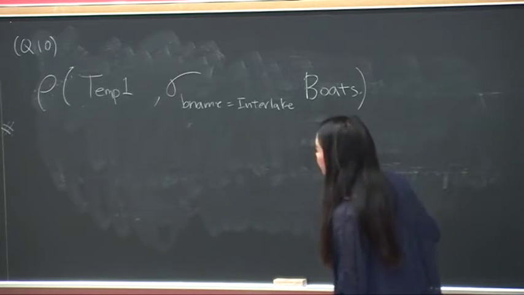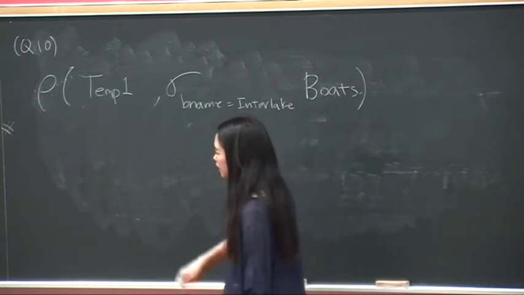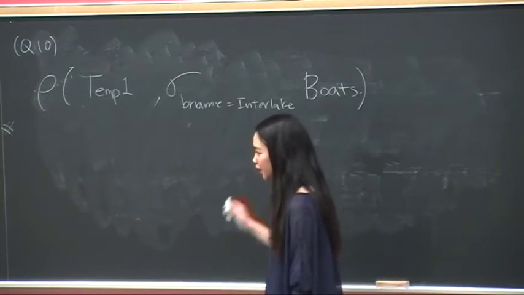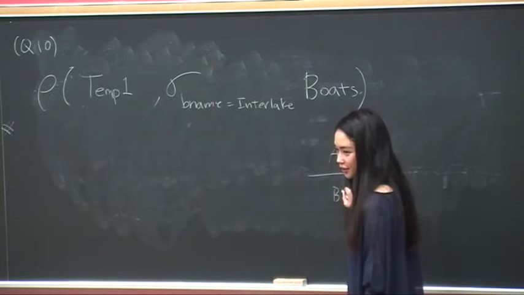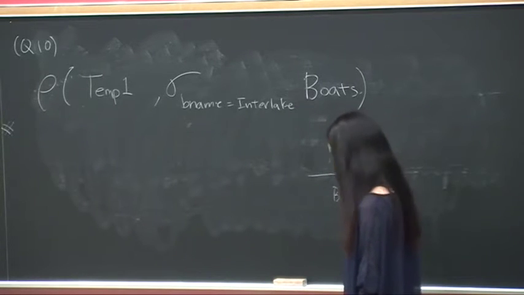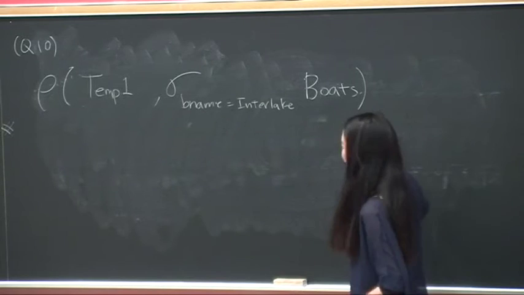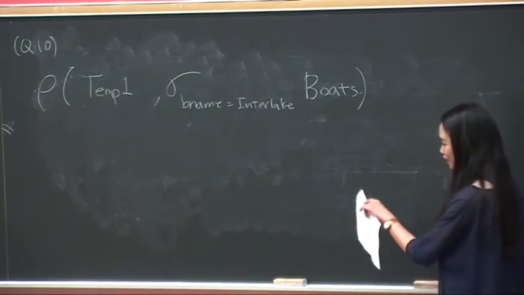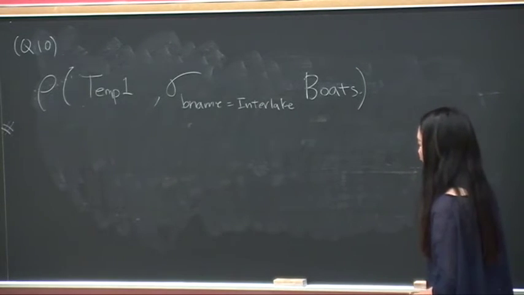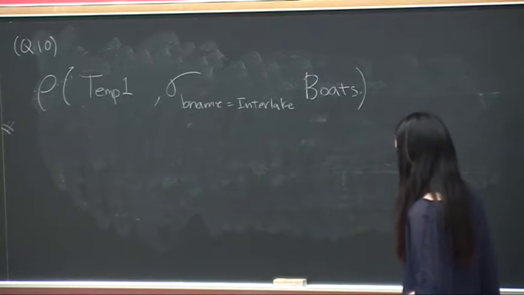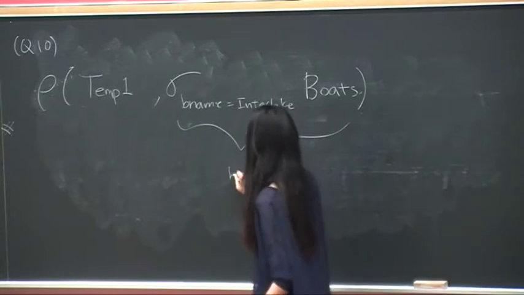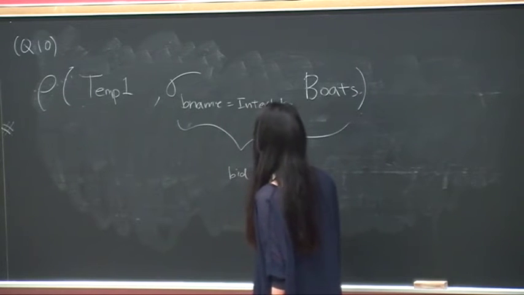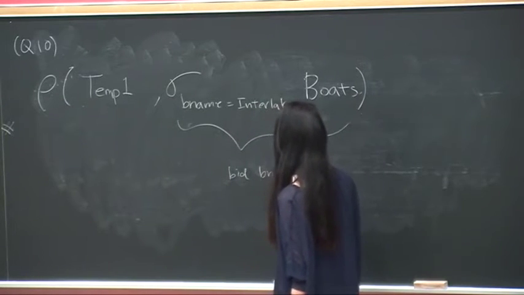Because later on, this will be the denominator. Okay, A divided by B, B is the denominator. If we want to directly use it as the denominator, what should the schema be? Right now we still have BID, the name and color.